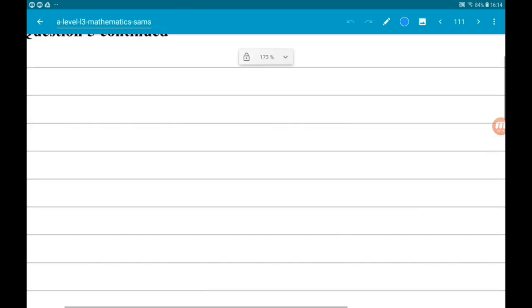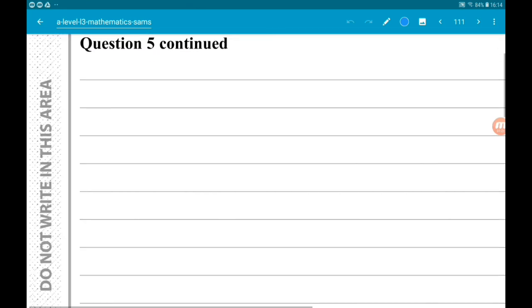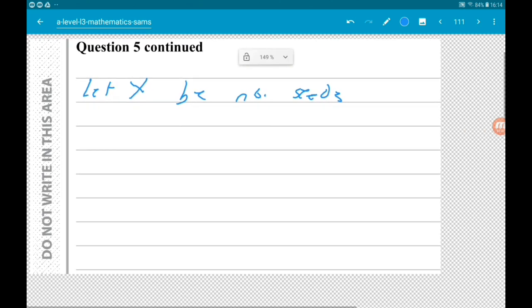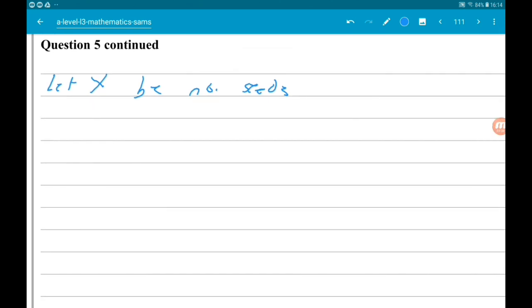Alright. Okay, so let's let X be the number of seeds that germinate. And then I guess we should say in each tray.